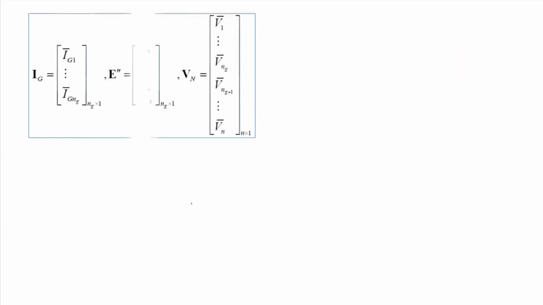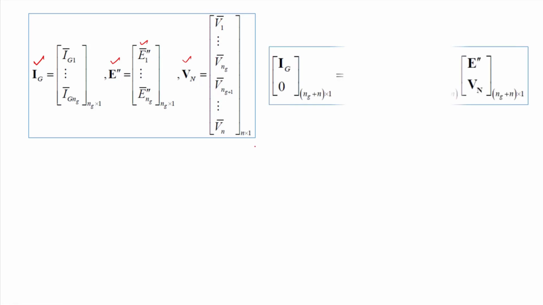So then finally, if we write the equation, this is your current Ig, and E double dash is your terminal voltages and Vn is your bus voltages, right? Now if we write the final equation, it will be in this form: Yin transpose, Y bus dash having size of (NG plus N) by (NG plus N), that will be multiplied with E double dash, Vn.